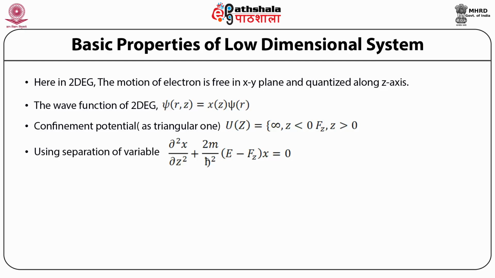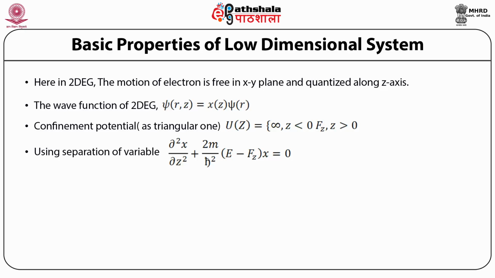So the quantity L_F, which is equal to (2mF/ħ²)^(−1/3), plays the role of characteristic localization length in the z direction.